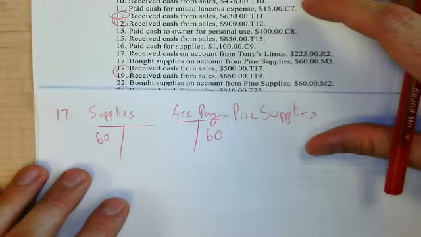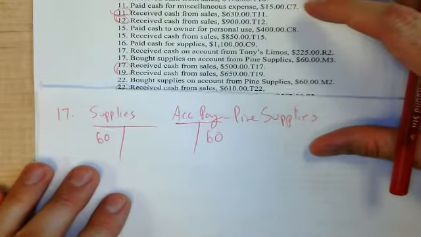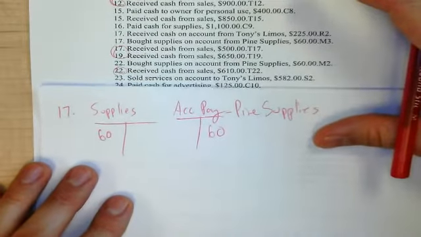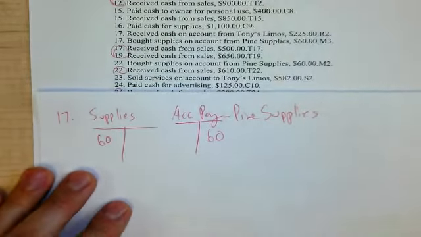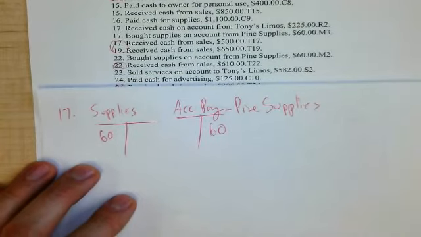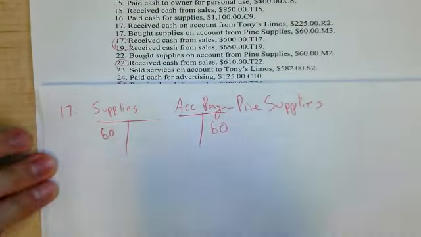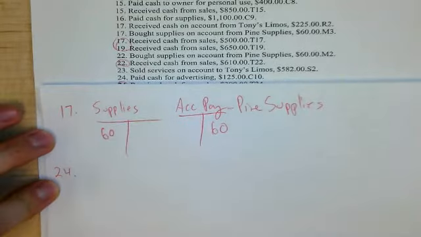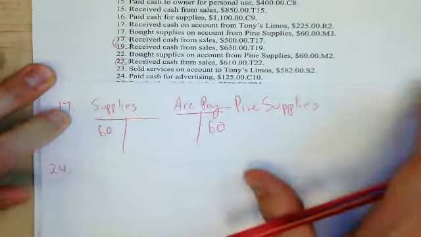Receive cash from sales. Bought supplies on account. We just did a similar one to that. Receive cash from sales. Sold services on account. We've done that. The 24th. Paid cash for advertising.